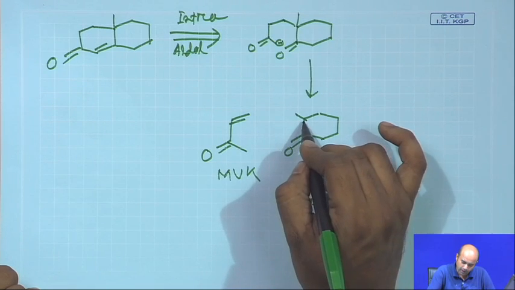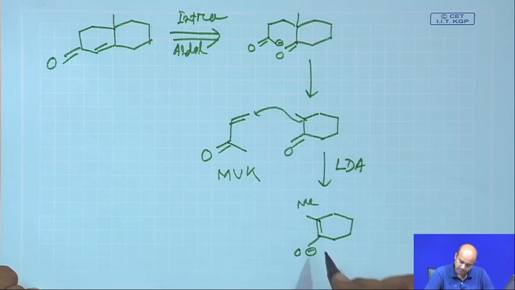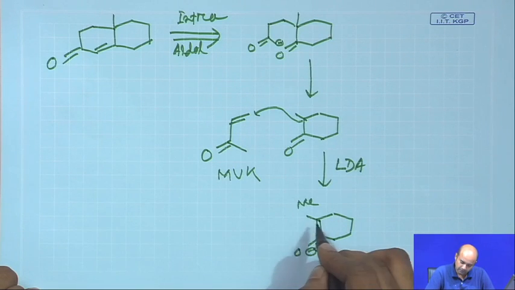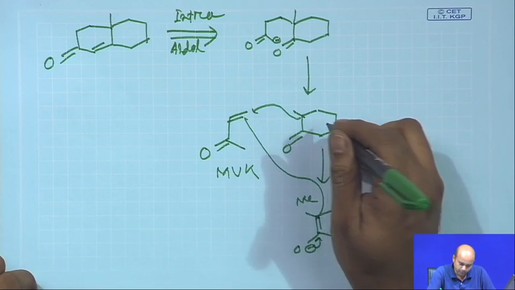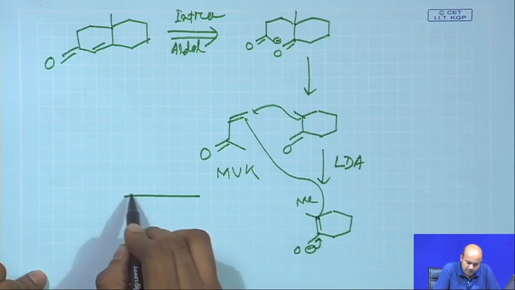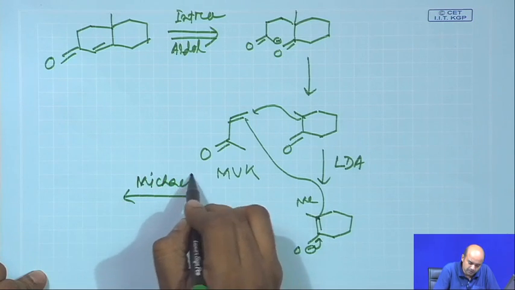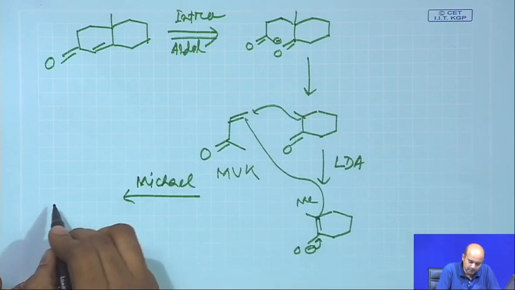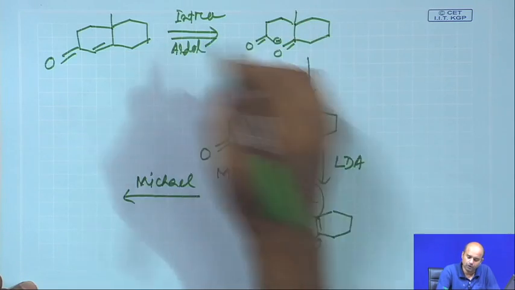So, this nucleophile will attack this Michael acceptor like this. You can write it both ways, with a free carbanion or an enolate. Michael reaction is the key transformation. So, you get the product as I have drawn here, then aldol.